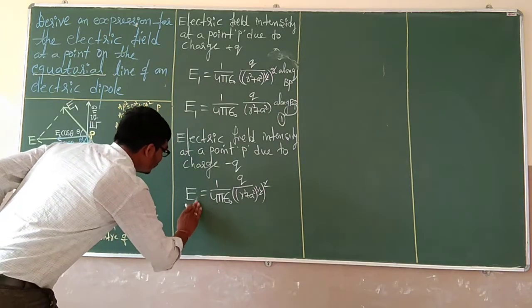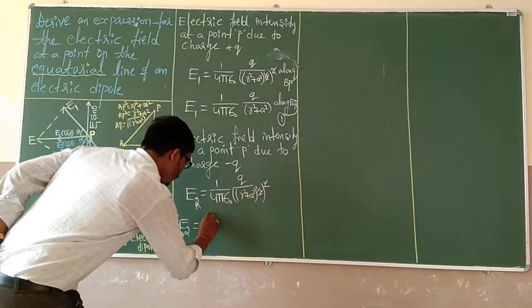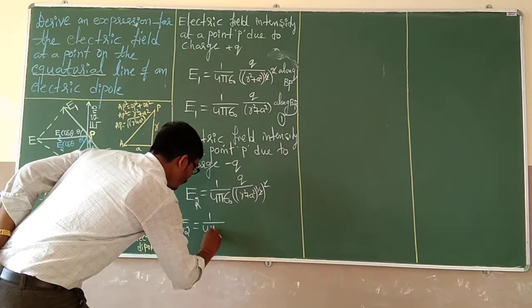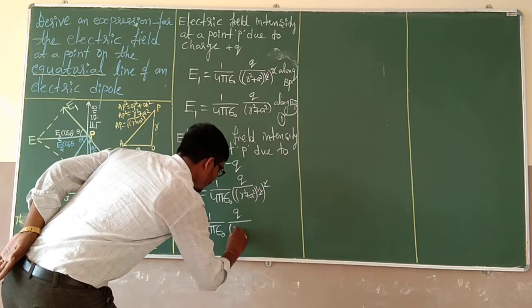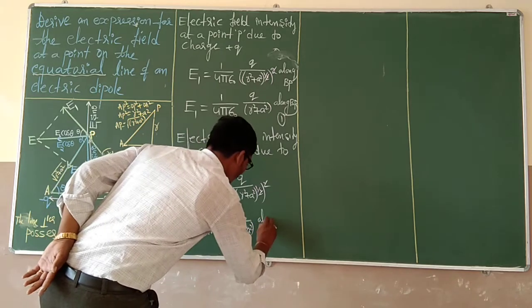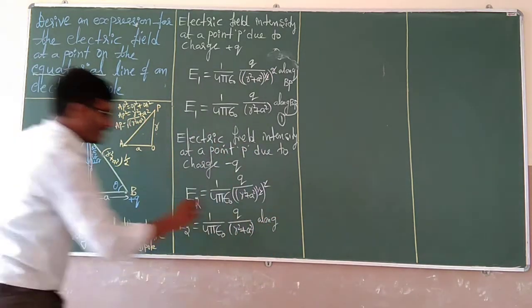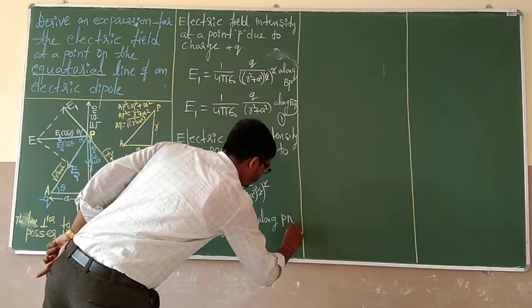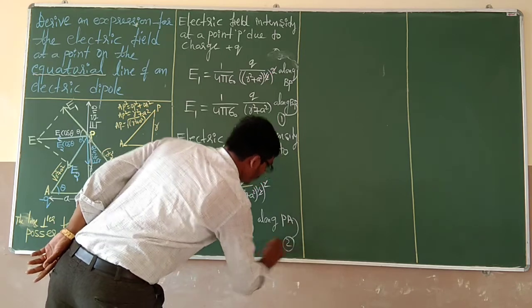Here, sorry, this you have to write, this is E2. E2 is equal to 1 divided by 4 pi epsilon naught, Q by r square plus a square, along PA direction. This one we consider equation number 2.